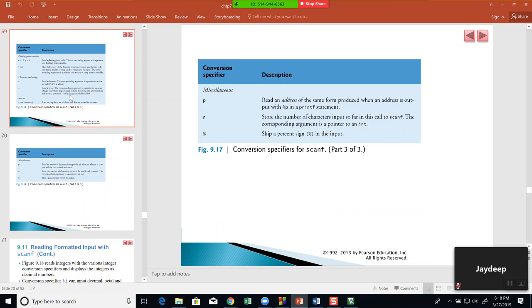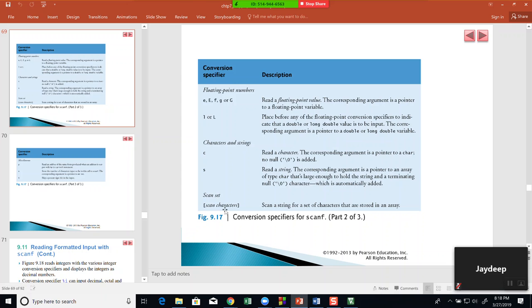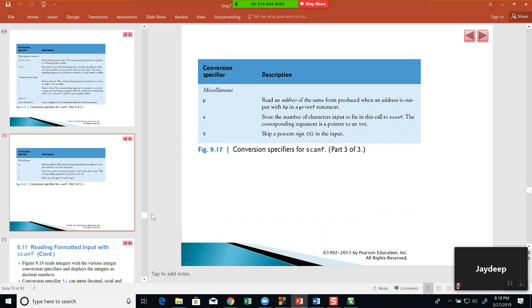Oops, what was that last one? I didn't see it. Scan characters. Scan a string for a set of characters stored in an array. p, an address. n is the number of characters input so far. Percent, skip a % sign in input.